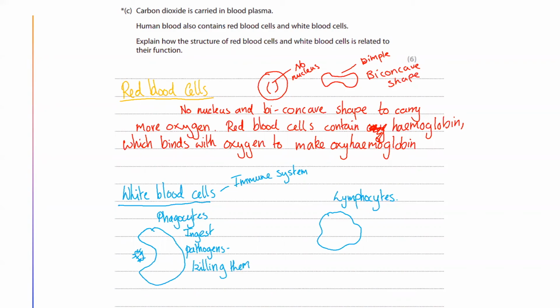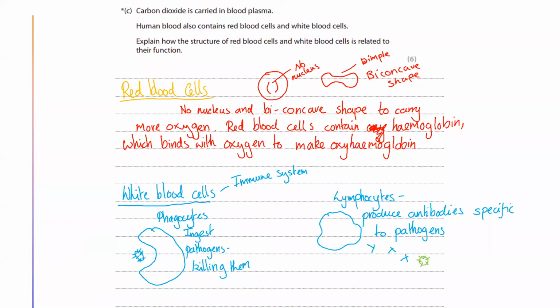Lymphocytes produce antibodies specific to pathogens. These often look like little T's, like little tags. You've got a pathogen like that.